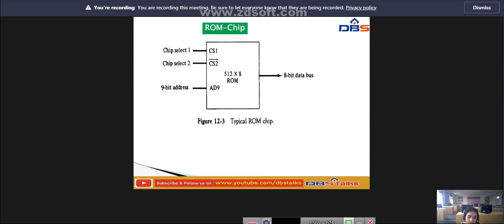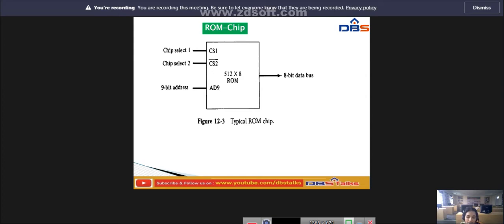In the ROM, whatever data we have stored doesn't change and stays permanently. RAM is volatile: the content is destroyed when the power is turned off. ROM is non-volatile: its contents are not destroyed when power is turned off.